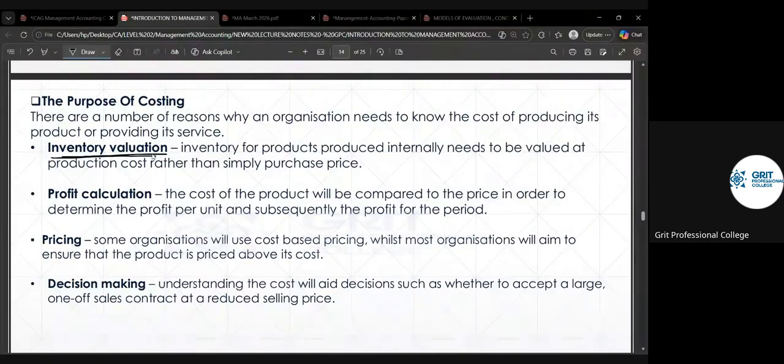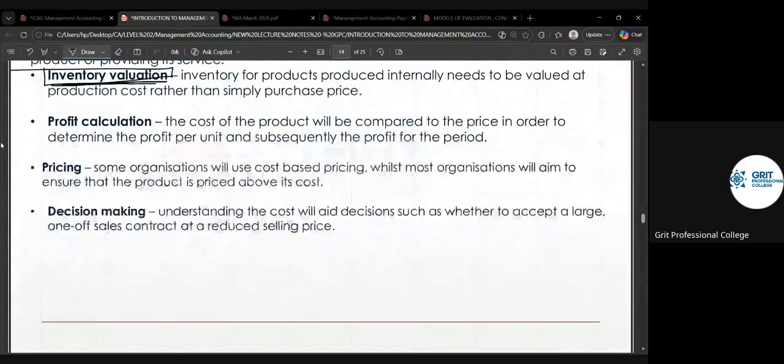The way we value that inventory is by using the cost of the product. So it is one of the reasons we need to ascertain the cost of a product we are producing.